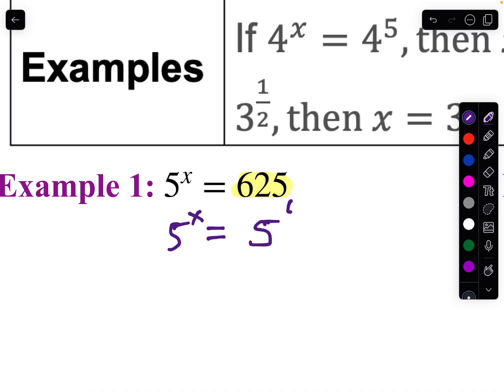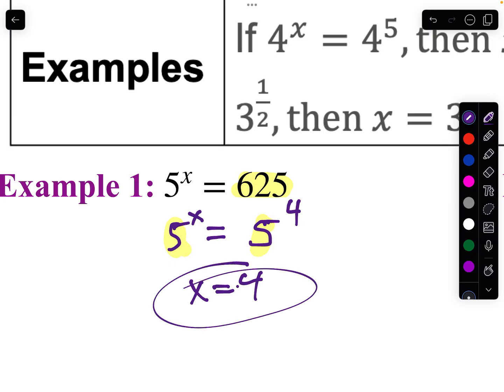Well, that's 5 to the 4th. We've done that before. That's from our table when we started doing exponents with negatives and zeros. So in other words, if the bases are the same, then the exponents are the same. It's that simple. x equals 4. Not a lot of work to show on that one.